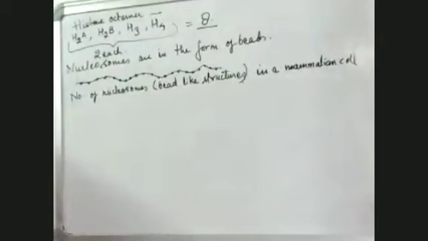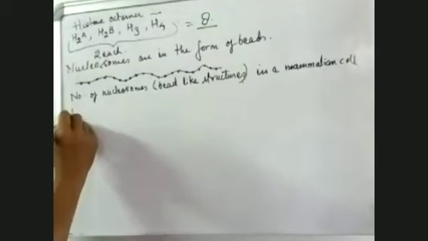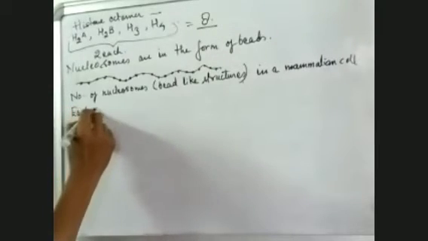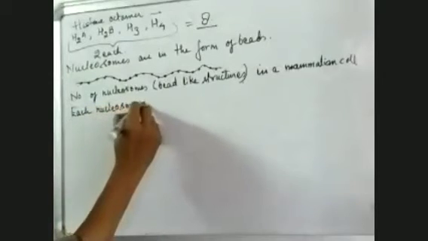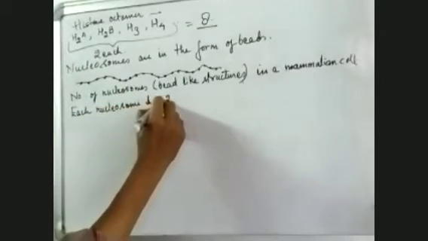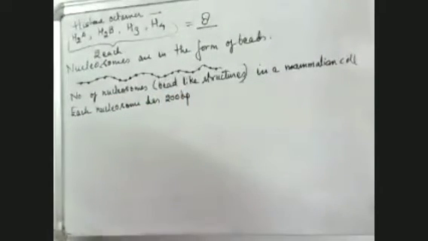Now, how can we do it? See, each nucleosome has how many base pairs? Each nucleosome has 200 base pairs.